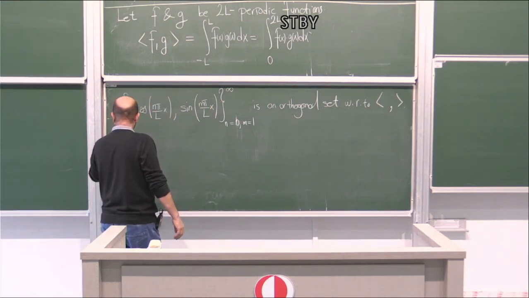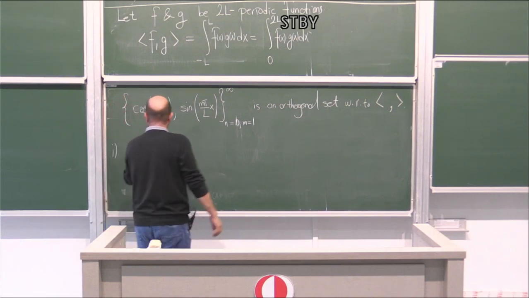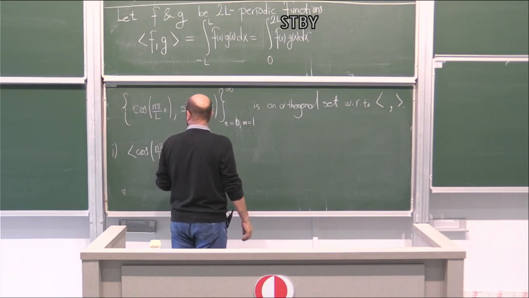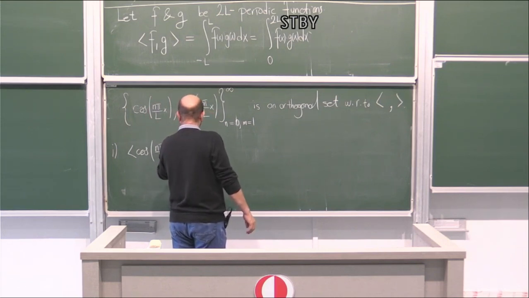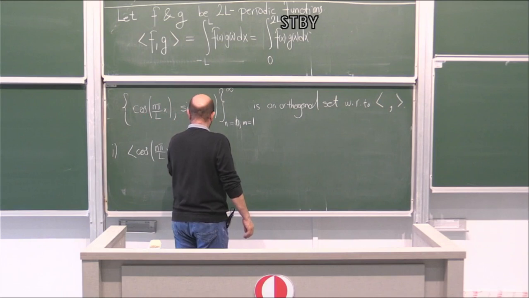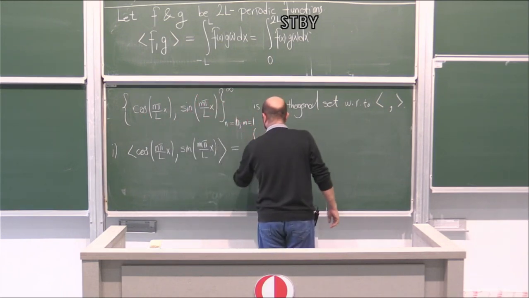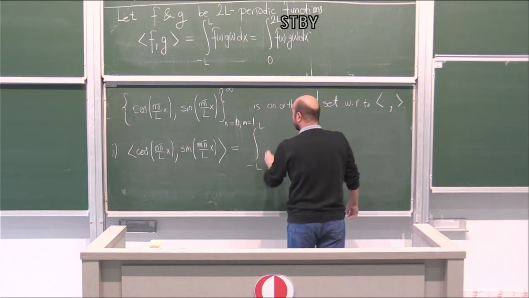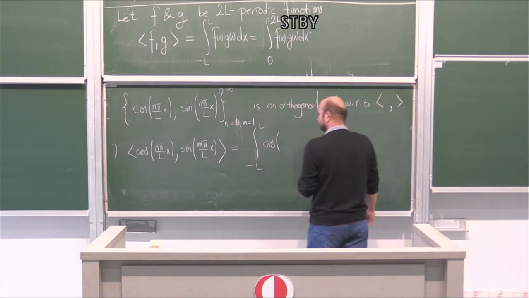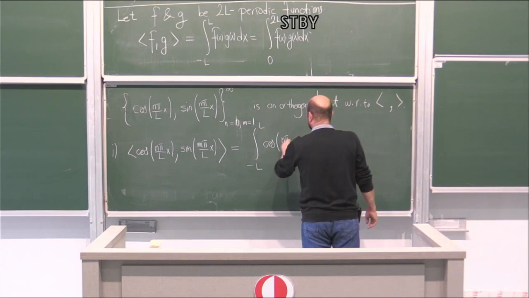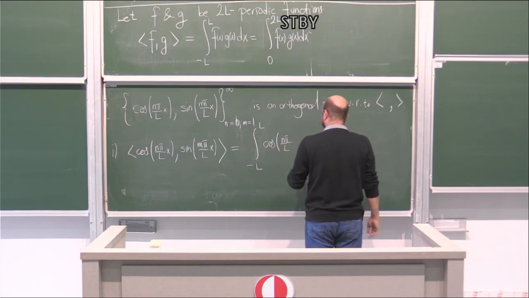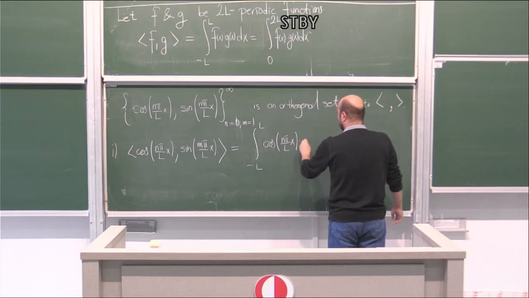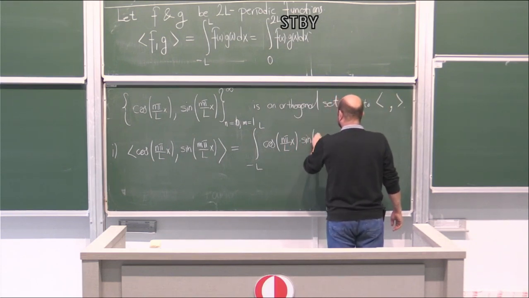First, if I take cosine n pi over L x and sine m pi over L x, this is equal to the integral from minus L to L of cosine times sine dx.